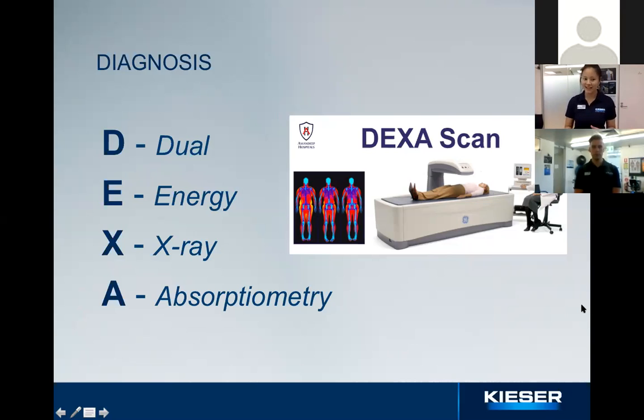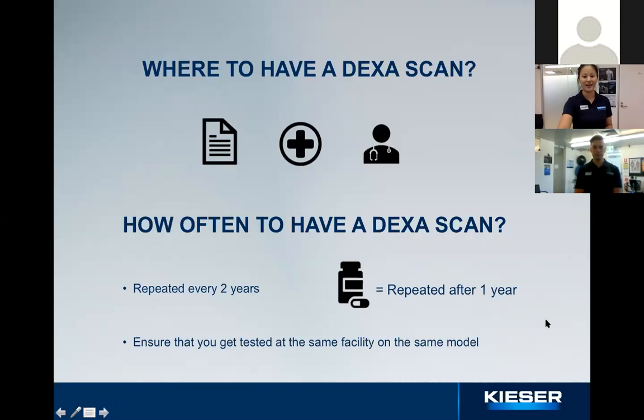With the DEXA scan, it is the gold standard. You're able to get this at hospitals or radiology clinics. Your GP or allied health professional, depending on whether you're seeing an endocrinologist as well, will refer you on for a DEXA scan.